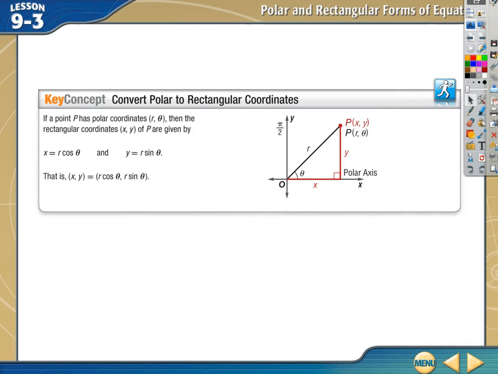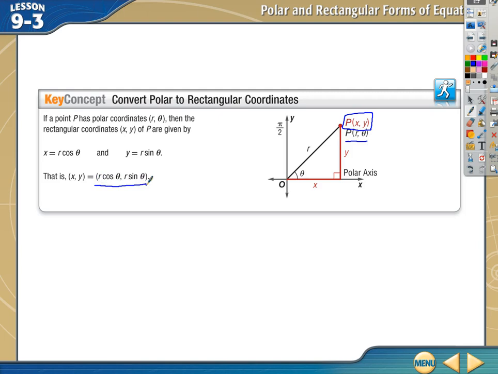So as a quick concept, if I want to take any polar graph or polar axis, here's my polar axis, and here's my point, r comma theta. How can I change this into an x comma y? Well, we already know this from vectors. If I knew the magnitude of my vector and the direction, I can find my vector that way.